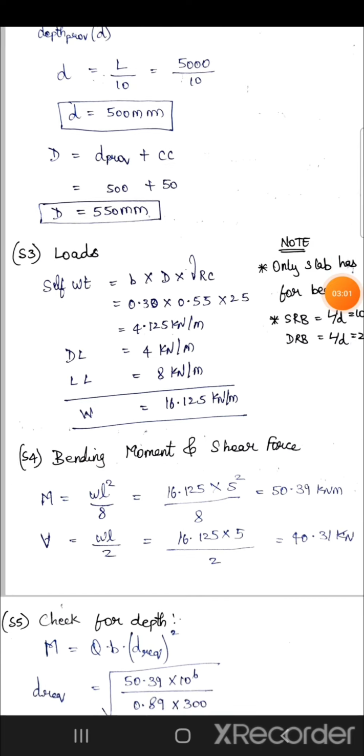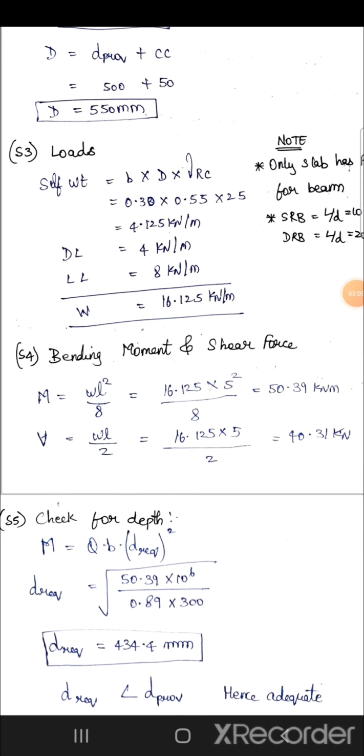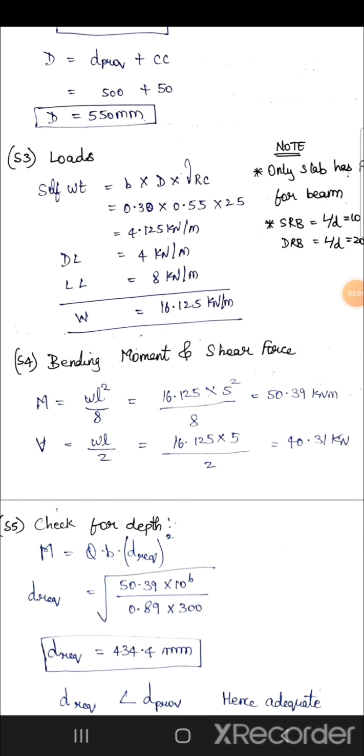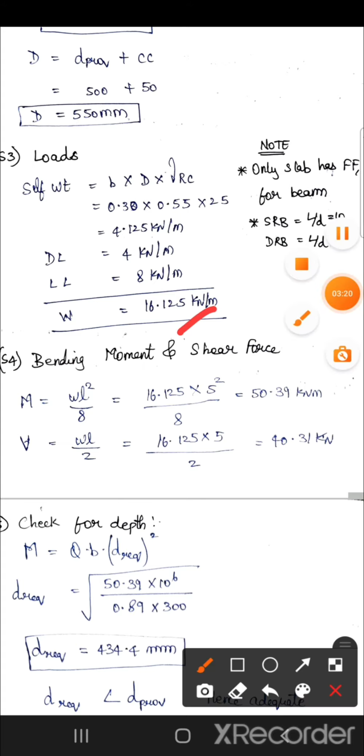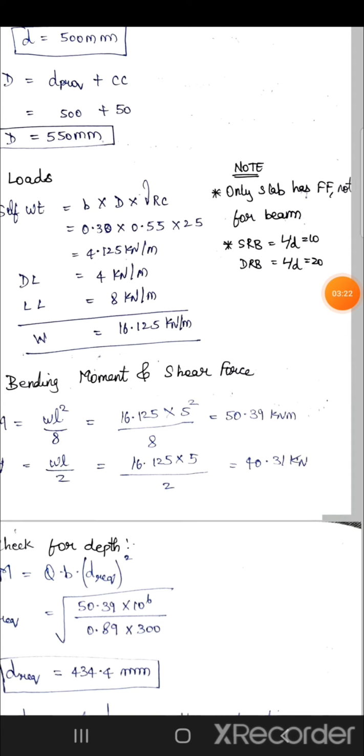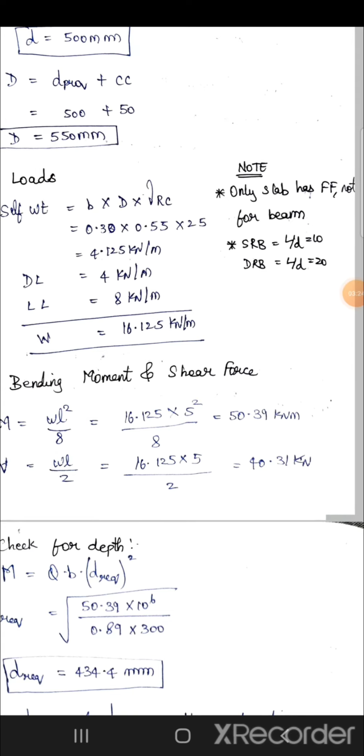Next step is load calculation. So first we must find self weight equal to breadth into overall depth into RC. Dead load is given in the question and live load is given in the question. So the answer is 16.125. Only slab has floor finish, not for beam.